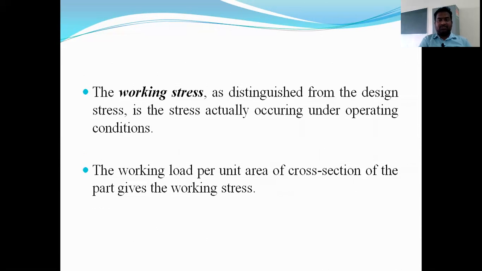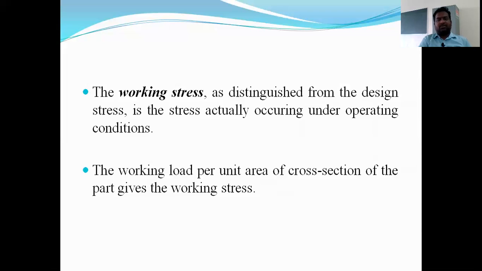And coming to the working stress, it is from an actual load application that we are getting this working stress. Understood? The working stress, as distinguished from the design stress, is the stress actually occurring under operating conditions. So the design stress is what we have before going into working condition, saying this component is going to undergo this type of load and this type of stress, this value of the stress and strain.